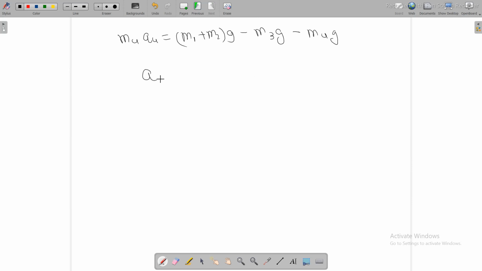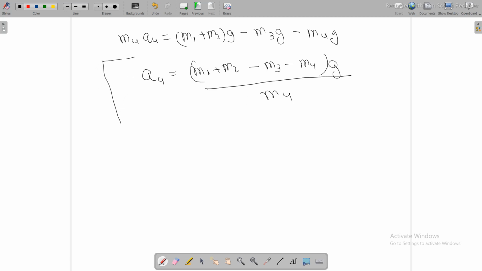Therefore, acceleration a4 is equal to m1 plus m2 minus m3 minus m4, into g, over m4. So this is the value of acceleration in the fourth block, or mass m4. Thanks a lot.